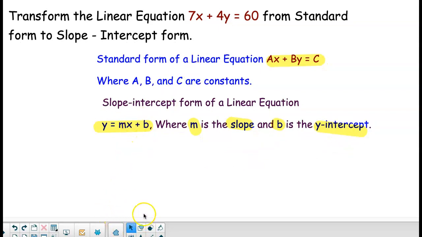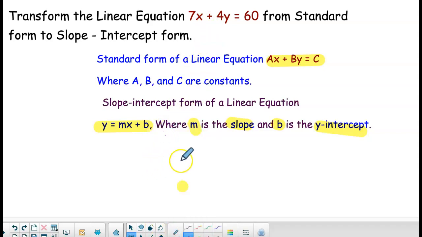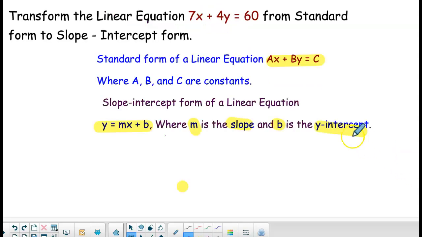Alright, so let me go back to this given linear equation, 7x plus 4y is equal to 60. Let me write on the next page. 7x plus 4y is equal to 60, right?